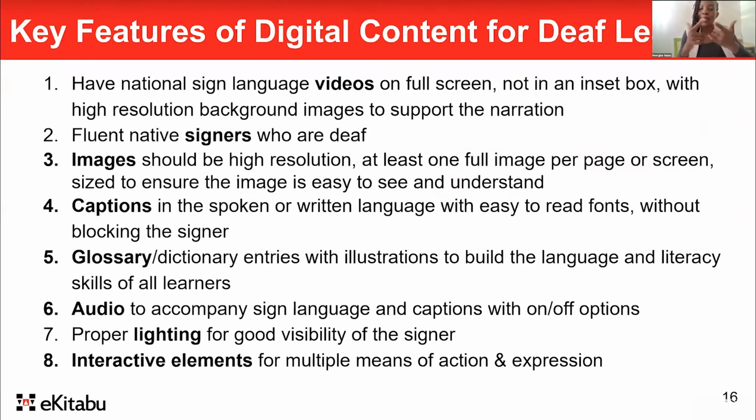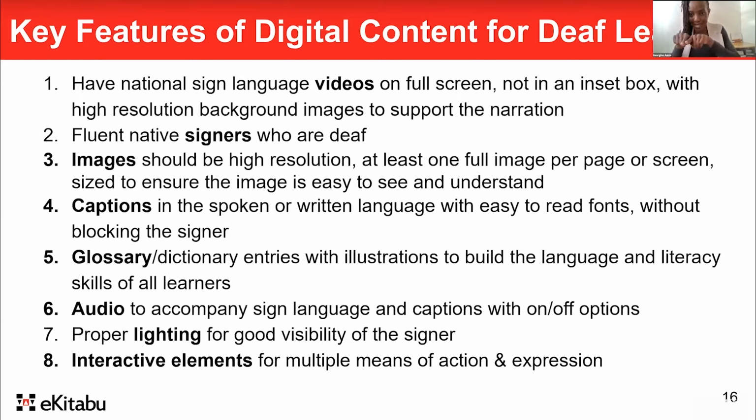One, the first key feature to consider is a national sign language video, which should be on full screen and not an insert. That means it should be full screen and should have a high resolution background, which supports the story or the narration. So we need to have the signer at the front of the screen, which is the front of the book, and not the insert that is usually there on TV.